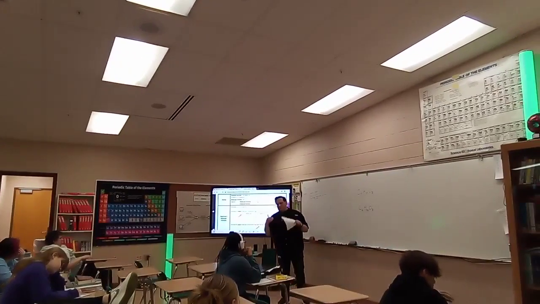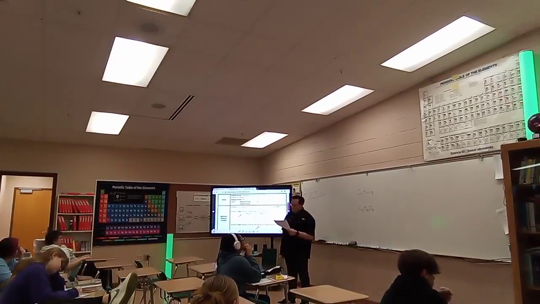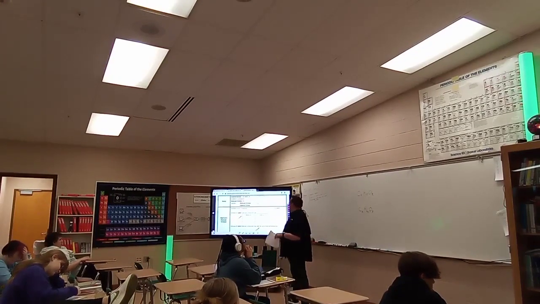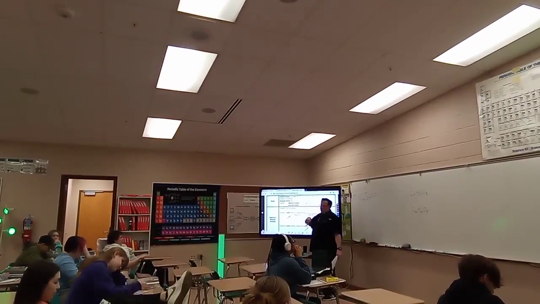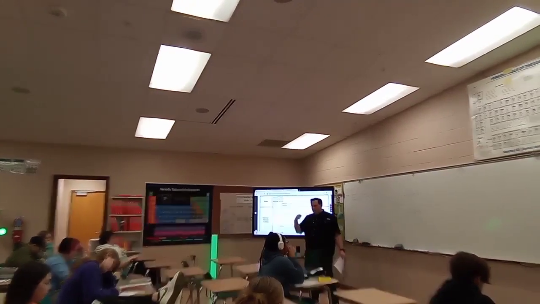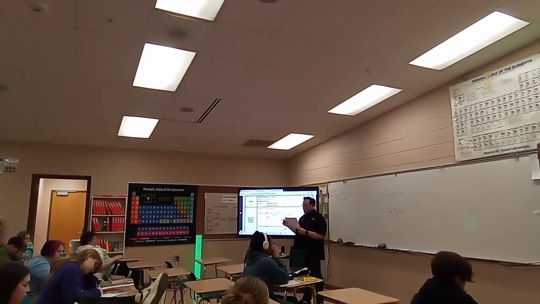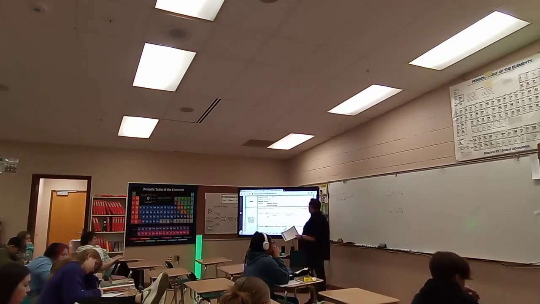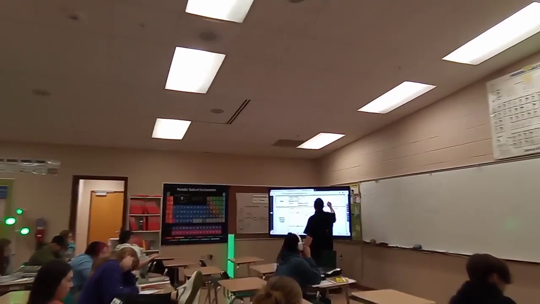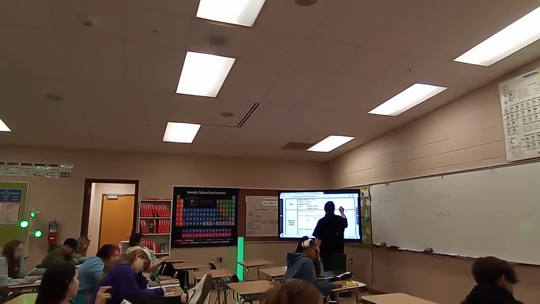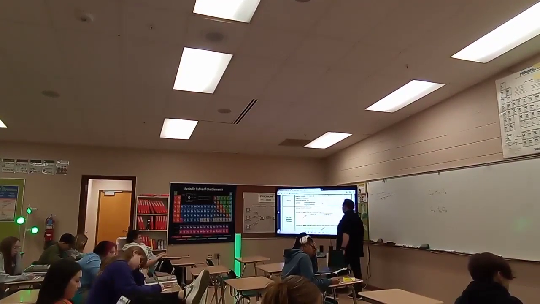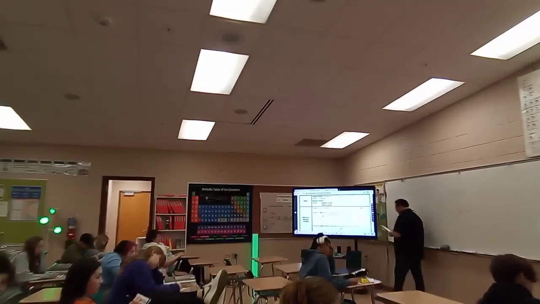The empirical formula just gives you the ratio. Once we find an empirical formula, it's super easy to find the molecular formula, if you have the right information. If you don't have the information, it's impossible. I like to put on here that this is the actual formula, and this is a ratio, just the ratio of the two to each other.